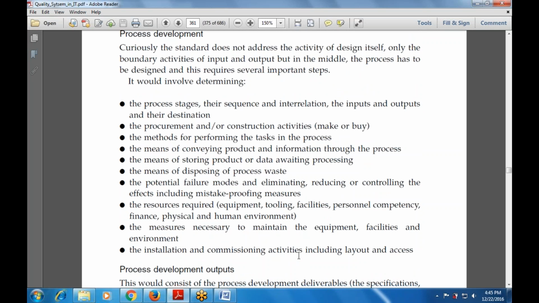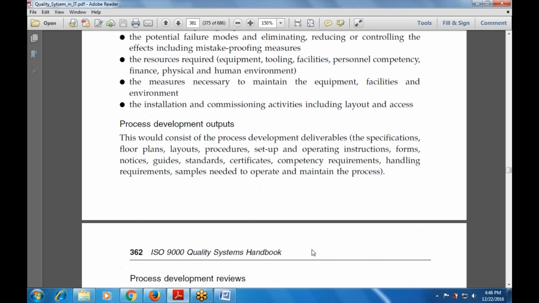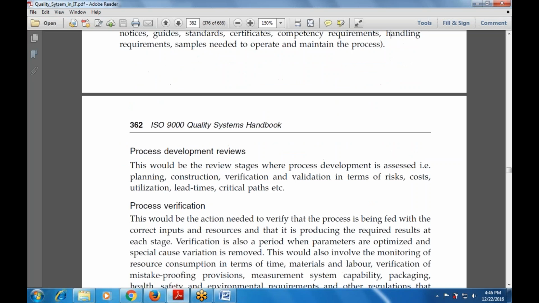Only the boundary activities of the input and the output exist, but in the middle the process has to be designed, and this requires multiple important steps that involve the process stages, recruitment, methods of performing the task in the process, means of conveying the process or the product and information through the process, the means of sorting or storing the product or the data awaiting processing, means of disposing of the process waste, failure modes, and eliminating, reducing or controlling the effects. Then at last there is the process development output that includes the deliverables, that includes the flows, procedures, setup and operating instruction forms.